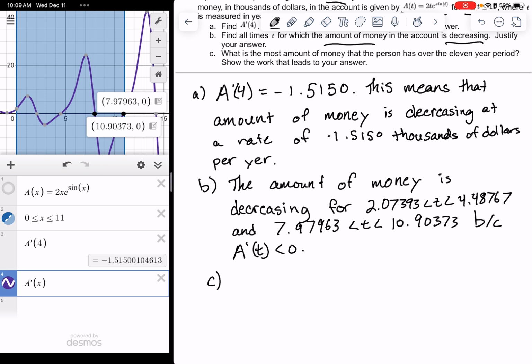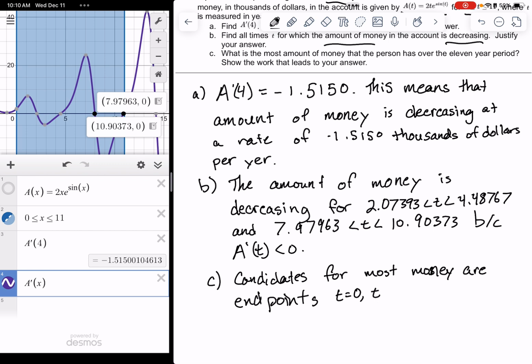First, we've got to say the candidates for the most money are the endpoints, and those are t equals 0, t equals 11, and a relative max. Let's see if we hit any relative max.